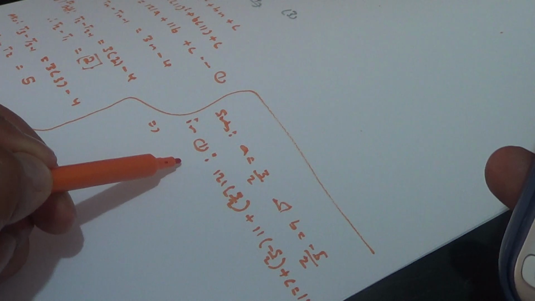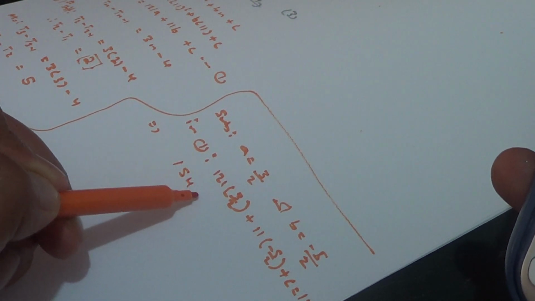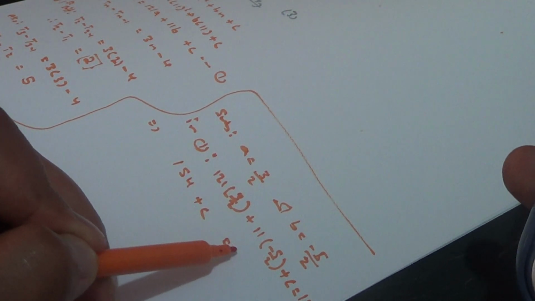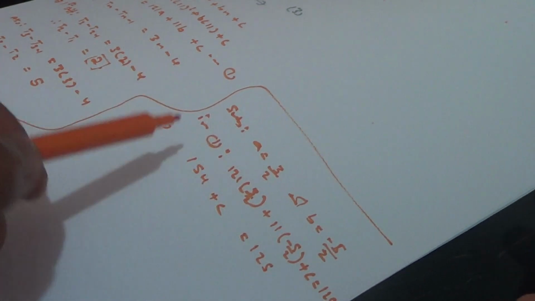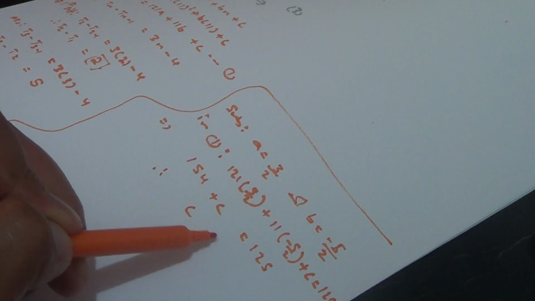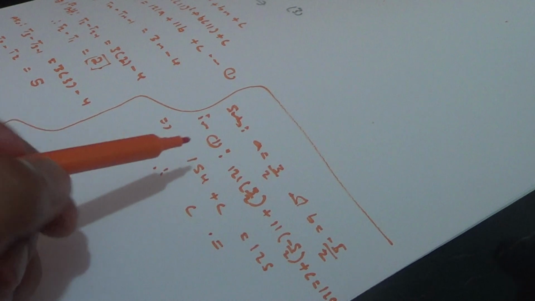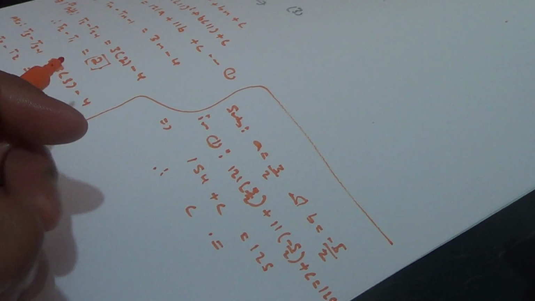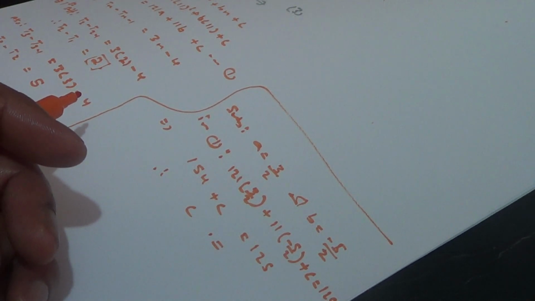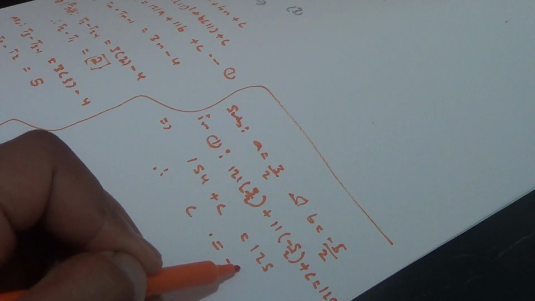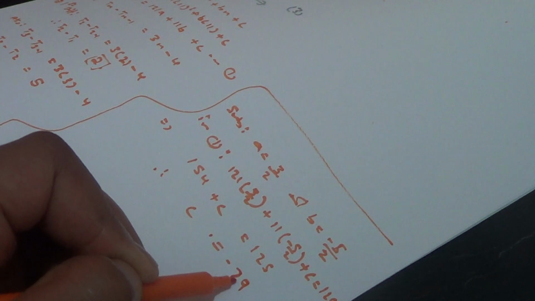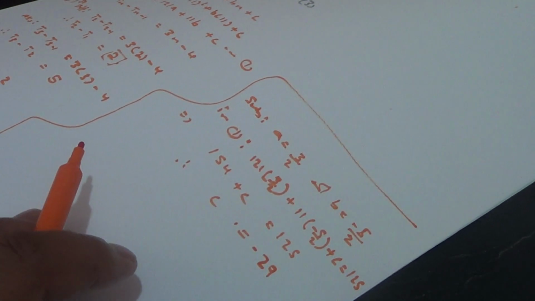Okay, so it means here we have 154 plus c equals 125. Therefore c will be equal to 125 minus that 154. I get minus 29. Okay, no problem.